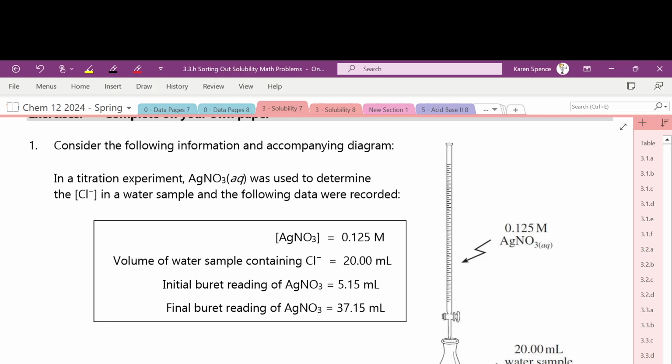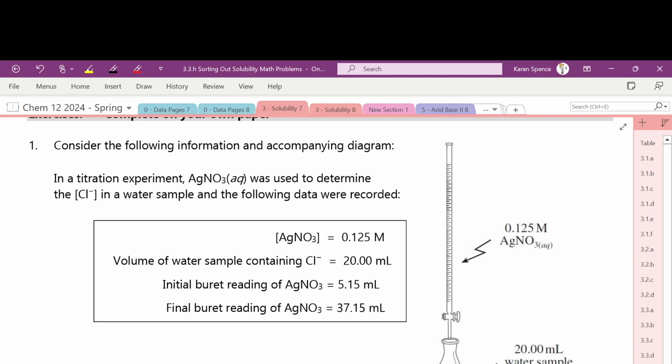This is the dilution factor. You remember when we did that? This is one form of M1 V1.